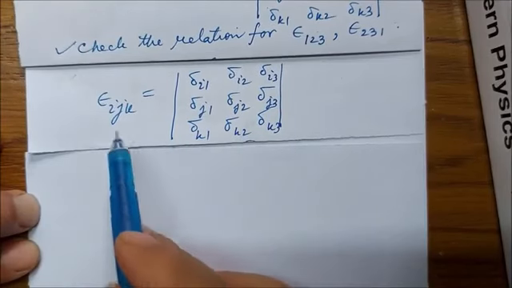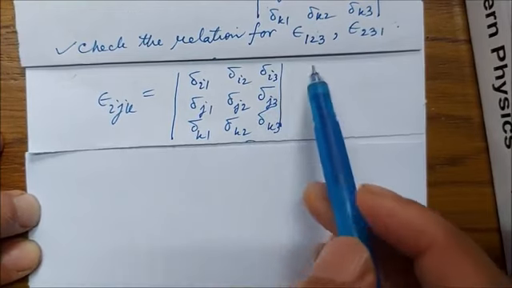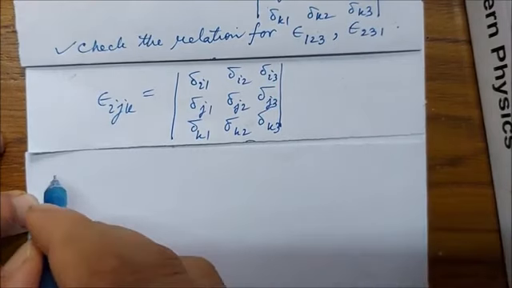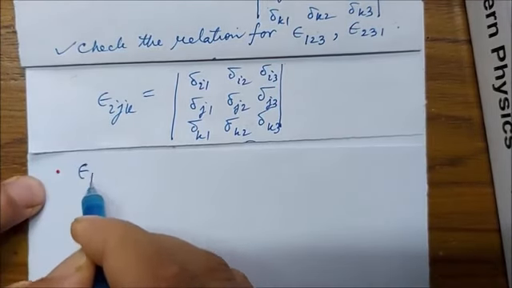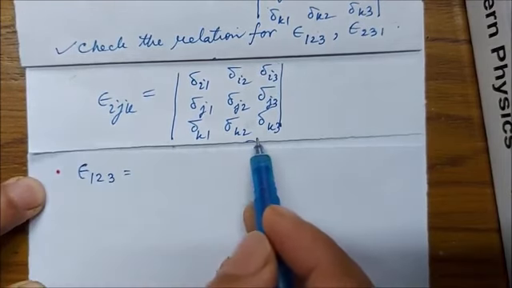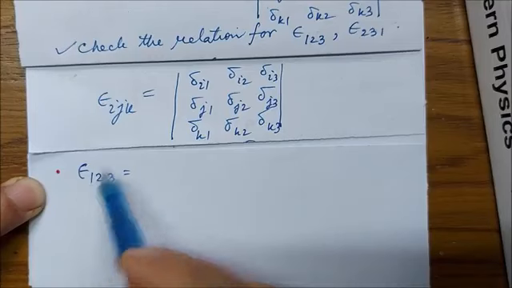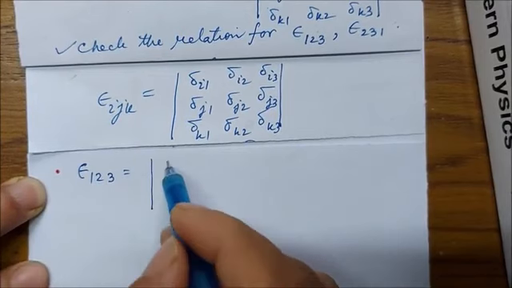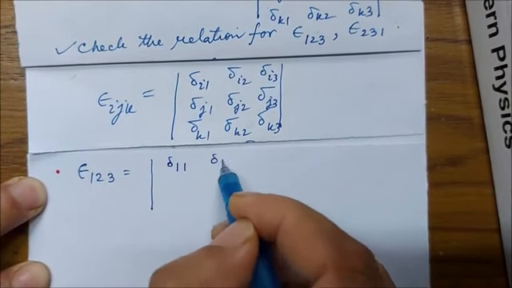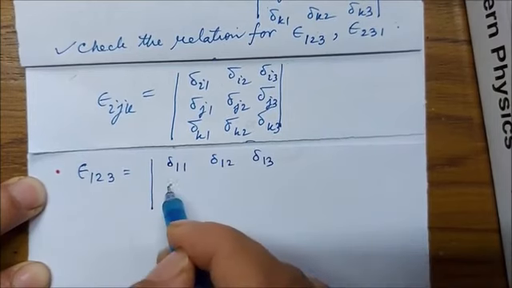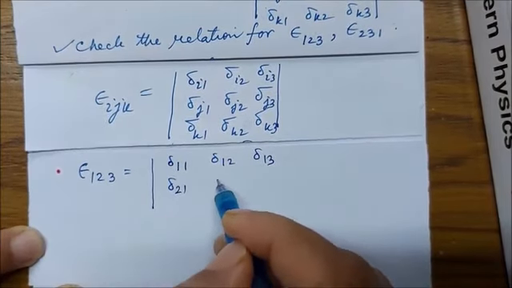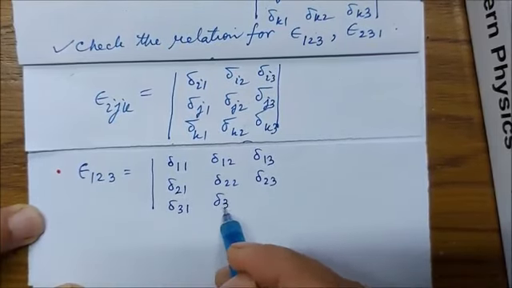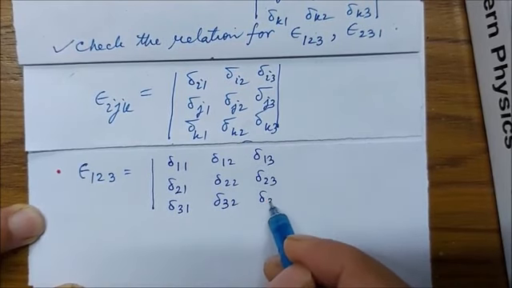Using this expression for the Levi-Civita symbol, let us find the value of epsilon 1, 2, 3 and epsilon 2, 3, 1. We will rewrite this determinant putting 1 for I, 2 for J, and 3 for K to get, and finally we have 3, 3.